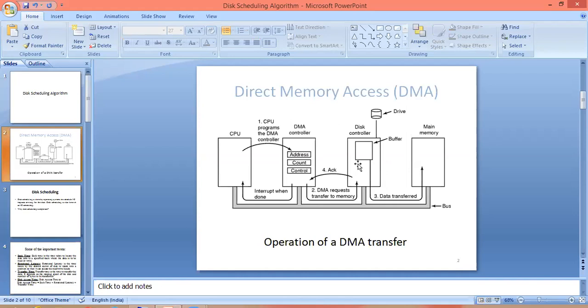Cylinders comprise a number of tracks, and each track consists of a number of sectors. So nothing but the disk is a combination of cylinders, cylinders are a combination of tracks, and tracks consist of sectors.